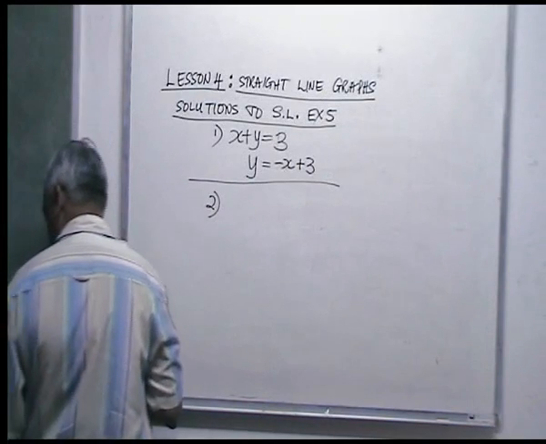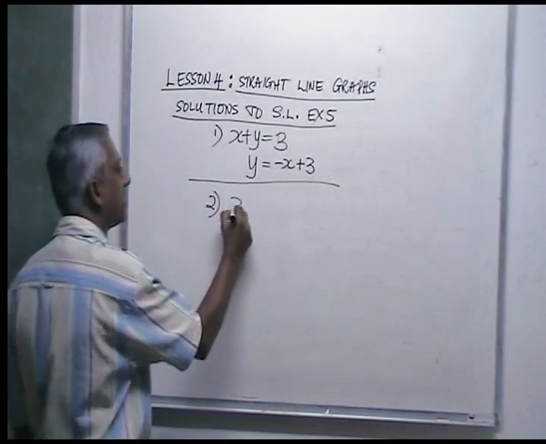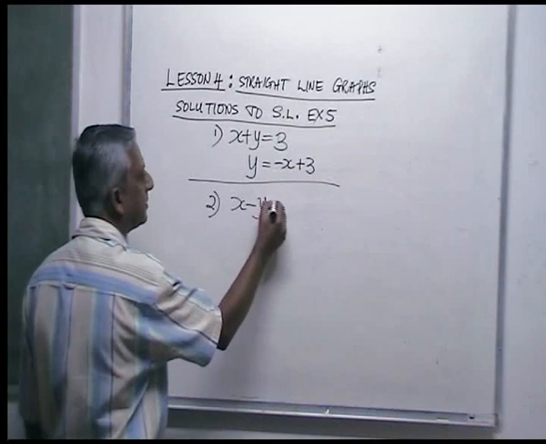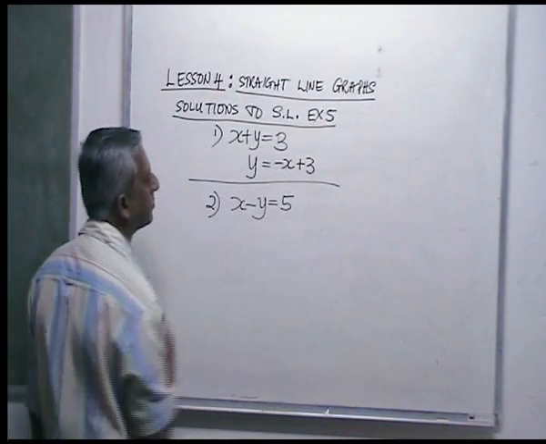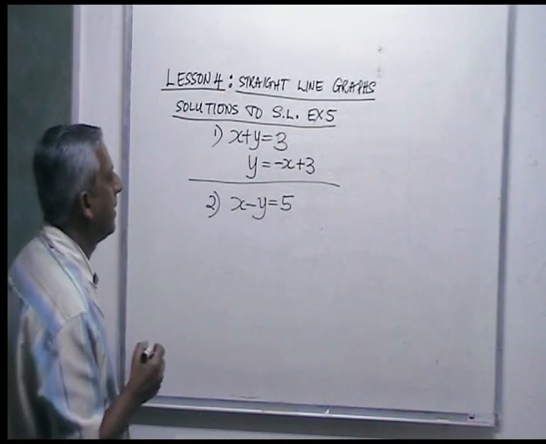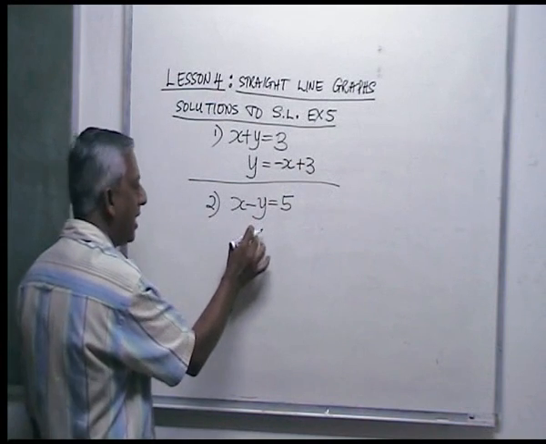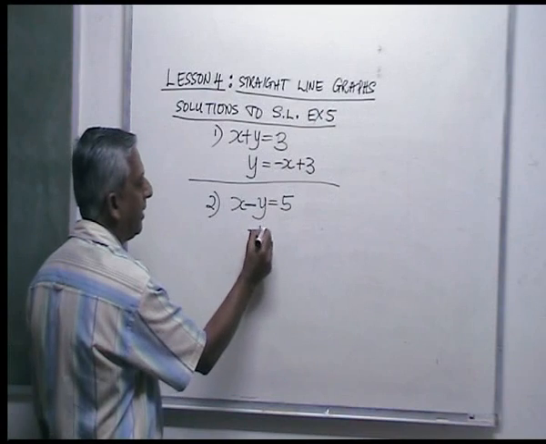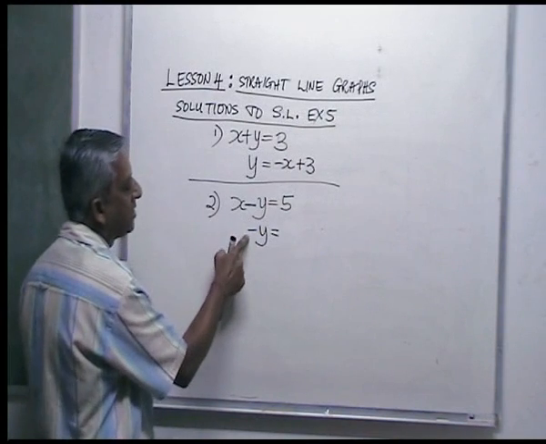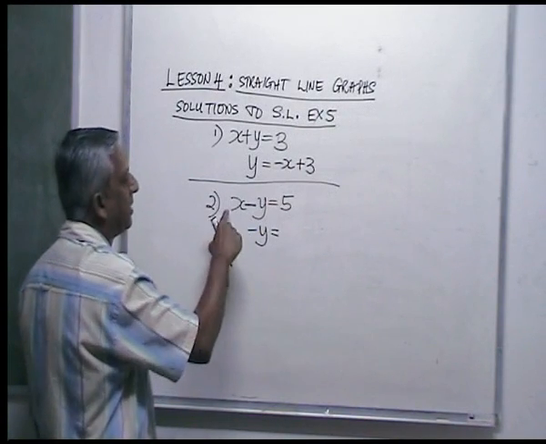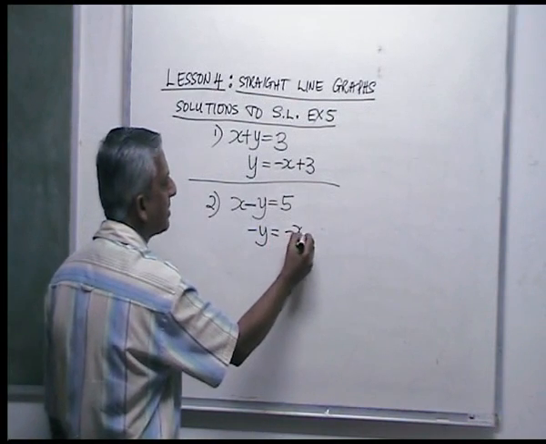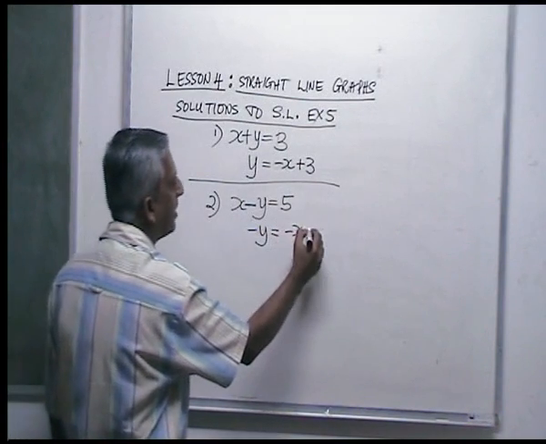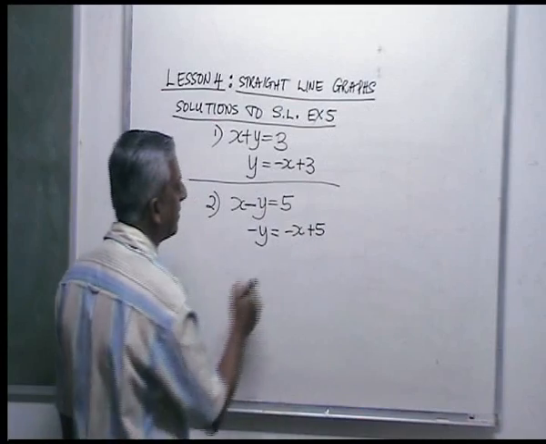Let's try number 2. x minus y is equal to 5. Right, so we leave the y here, but remember the y is not just y, it is minus y. So what remains behind is minus y. Take the x across, it becomes minus x, and bring down the 5, it's plus 5.